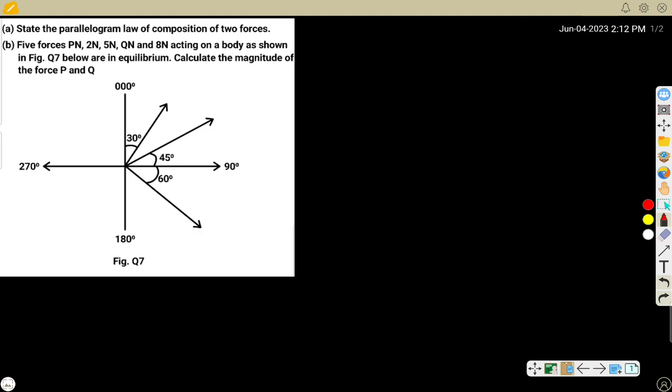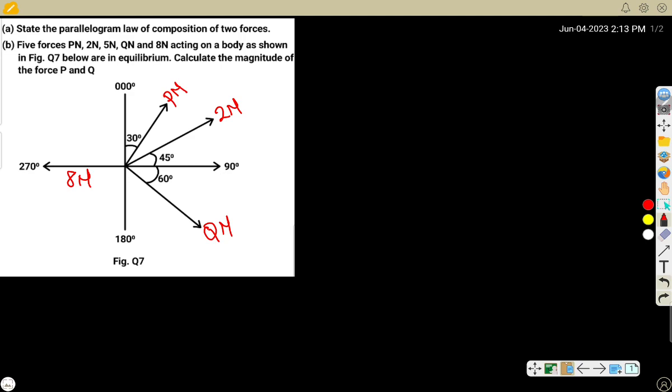So this is P Newton, this is 2 Newton, this is 90 degrees. So this is Q Newton, then this is 8 Newton.